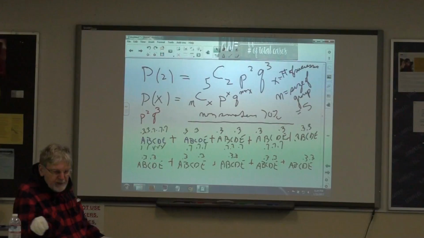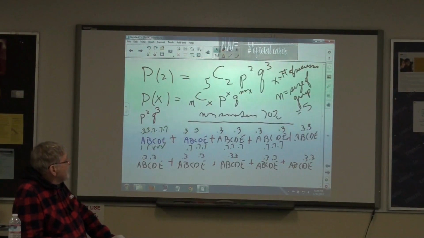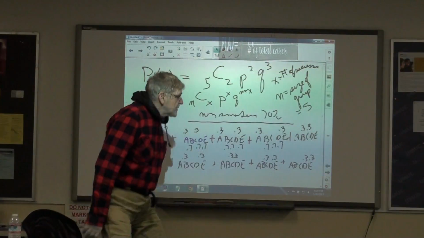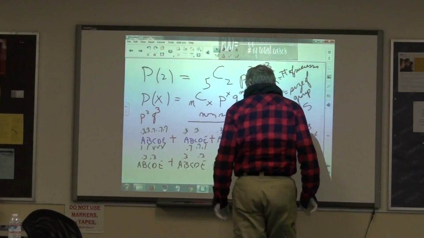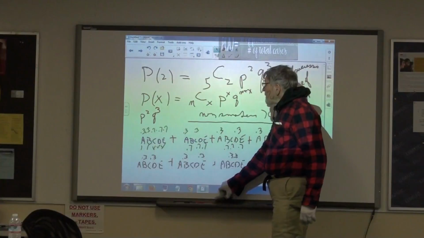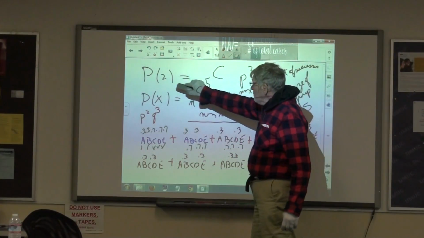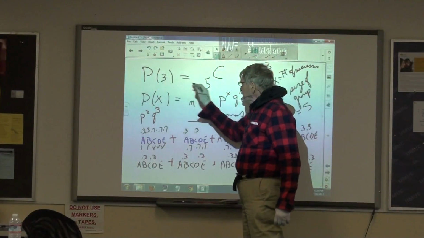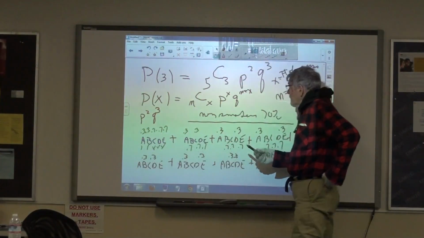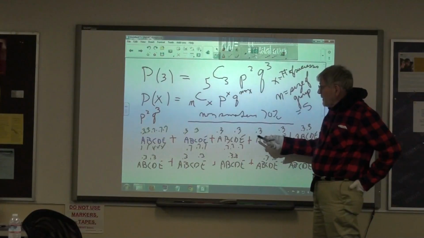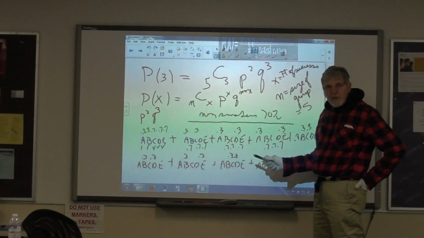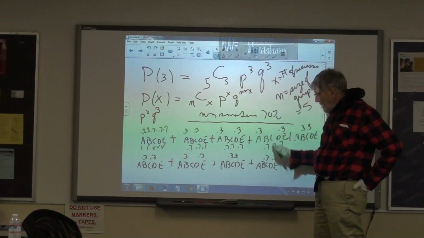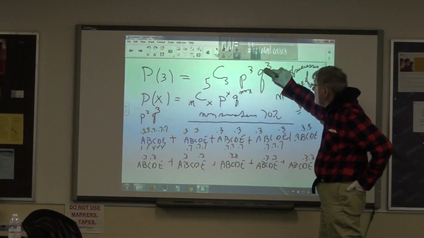Now, how would my calculation change if I was looking for 3 successes? Then I would want to know how many groups of 3 I could get out of my 5. And if I was looking for 3 successes, then there would be 3 30%s, wouldn't there? So I would have p to what power? 3. And there would be 2 failures.